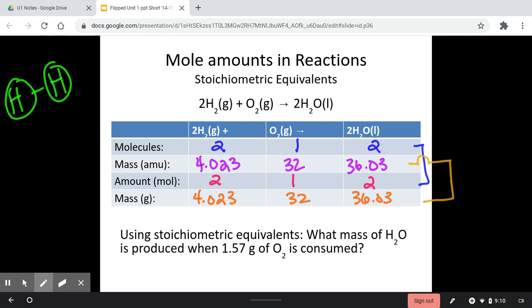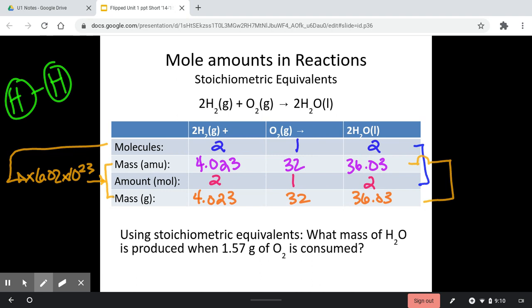And hopefully what you see is your molecules and moles are really consistent. Also, your mass in AMU and mass in grams is really consistent too. And that's just because they're scaled up models of each other. If you take molecules and you multiply by 6.02 times 10 to the 23rd, you get moles.